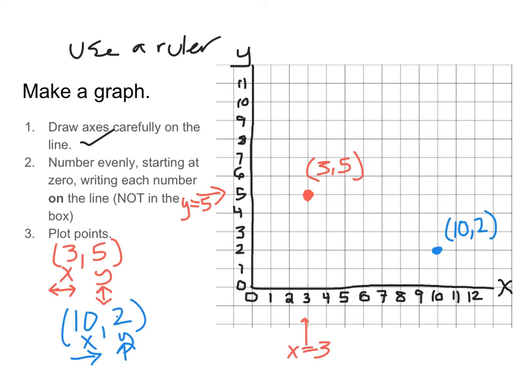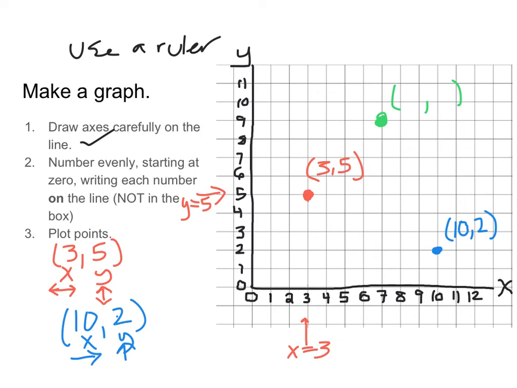On the last one, I am going to plot the point, and I want you to write down what the coordinates are. So fill in those blank coordinates with the correct numbers.